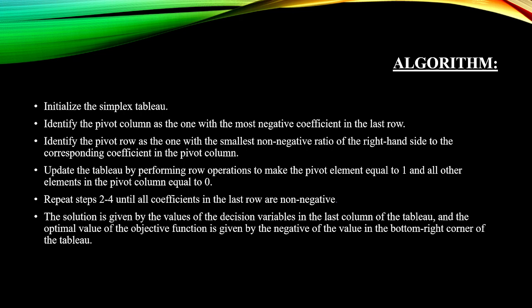Update the tableau by performing row operations to make the pivot element equal to 1 and all other elements in the pivot column equal to 0. Repeat steps 2 to 4 until all coefficients in the last row are non-negative. The solution is given by the values of the decision variables in the last column of the tableau, and the optimal value of the objective function is given by the negative of the value in the bottom right corner of the tableau.